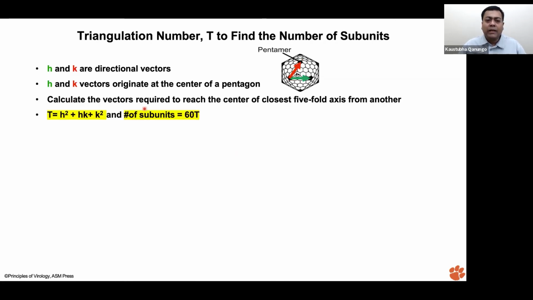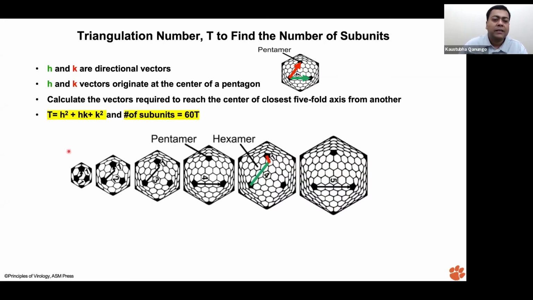So to calculate the vector required to reach the center of the closest fivefold axis from one another, the T will be given by the formula H squared plus HK plus K squared. And the number of subunits will become 60 multiplied by that T number. So if your T comes out as 2, it will be 120. If it is 3, it's 180, and so on. So let's take a look at the T numbers, and you will understand how it is calculated.